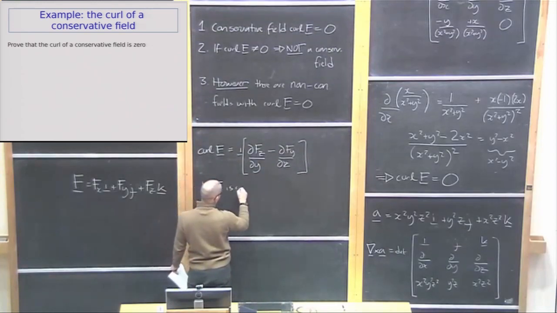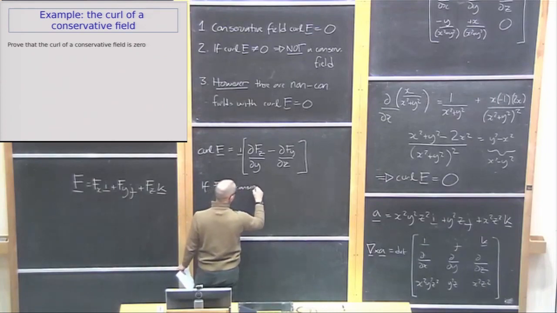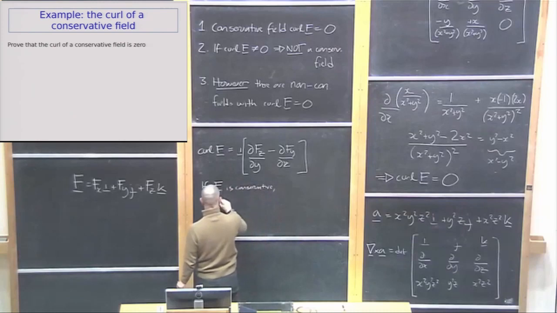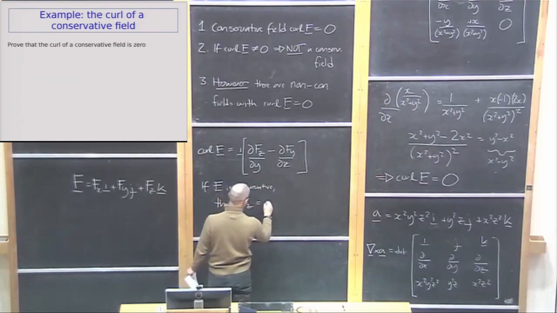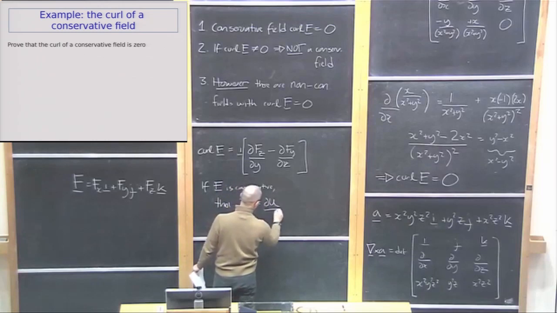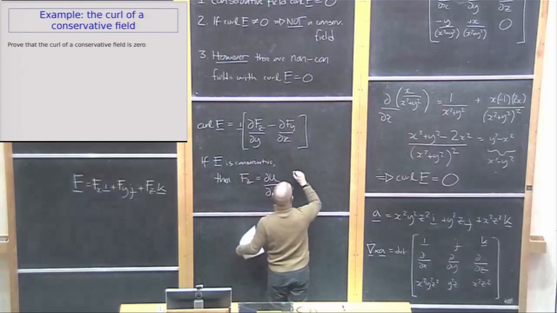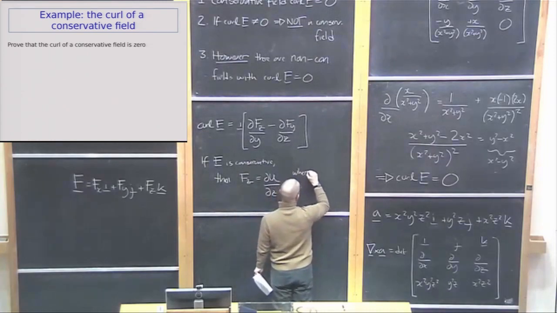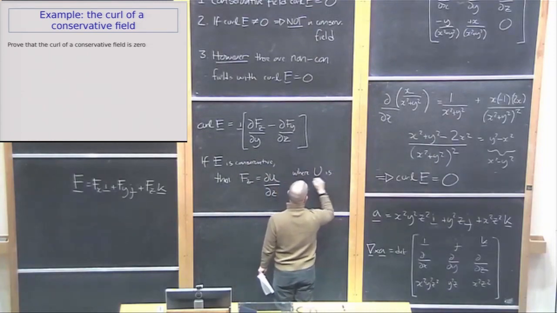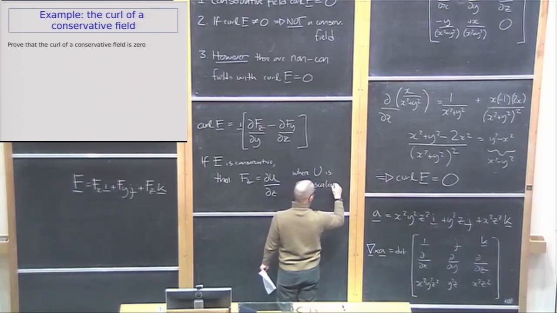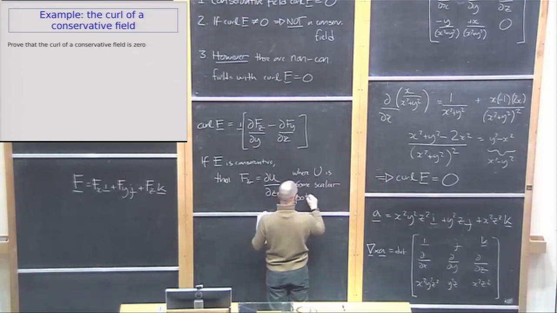If f is conservative, then the fz component is actually the partial derivative du by dz, where u is some scalar potential.